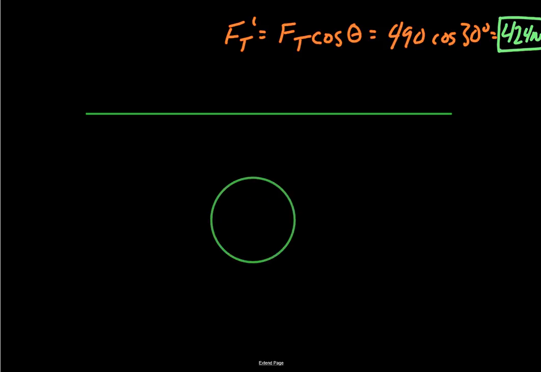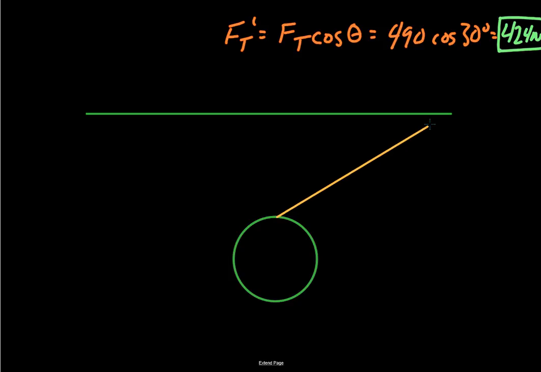Put a weight here. This represents a weight. Maybe it's a plant hanging from some wires. I don't know. But what happens if our tensioned cables are now no longer at equal angles? Because we could probably imagine a scenario where they would not necessarily be at exactly equal angles.